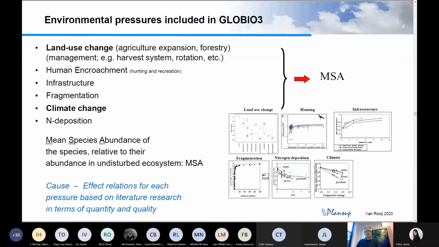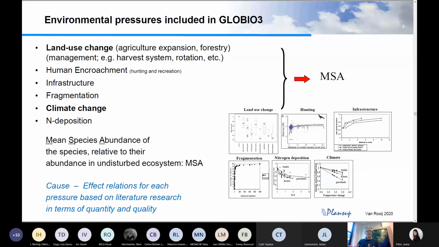And for each of these pressure types, there is a kind of relation between cause and effect. So the higher the intensity, the higher the impact on biodiversity. So if you have a land use which is very intensive use of land, of course the biodiversity is low. If you're very close to a road, then the intensity is high, and if you go further from the road, it's lower. We have similar relations found for fragmentation, nitrogen, and climate.